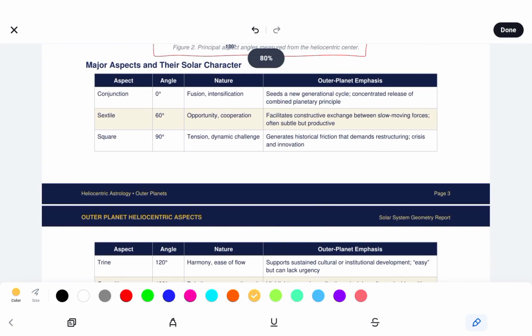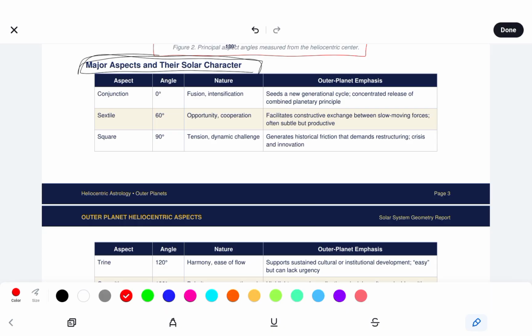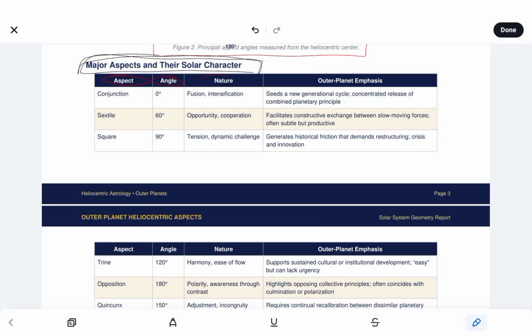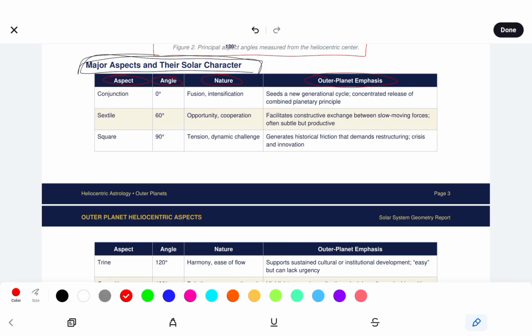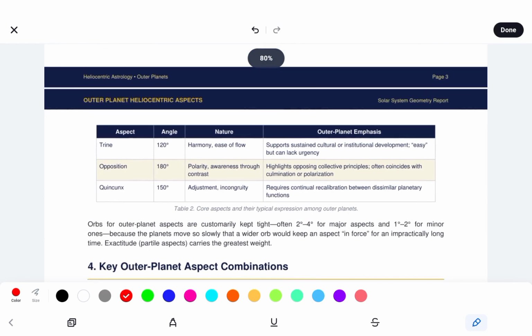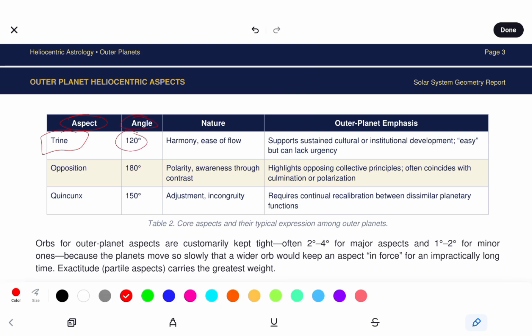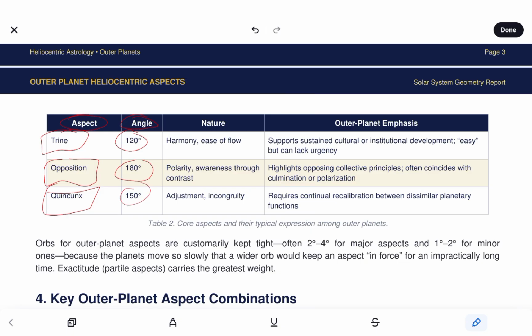And now we look at major aspects in their solar character. We see the aspect, angle, nature, and outer planet emphasis. So conjunction, angle of 0 degrees; sextile, angle of 60 degrees; square, angle of 90 degrees; the trine, angle of 120 degrees; opposition of 180 degrees; and quincunx 150 degrees.